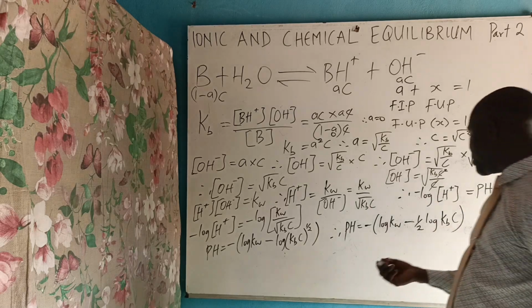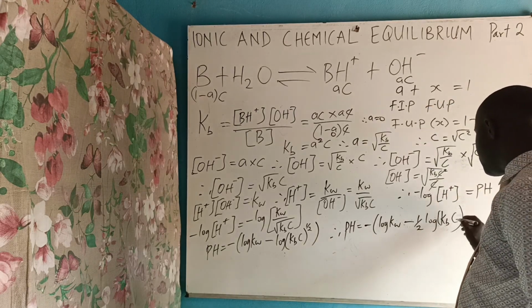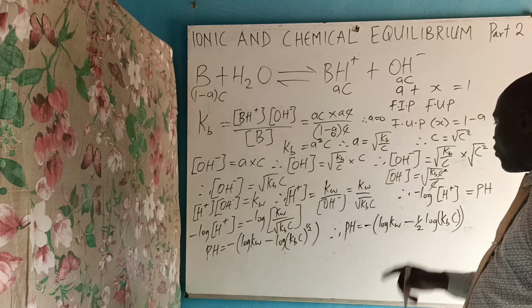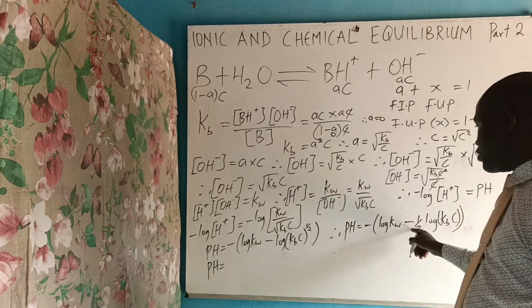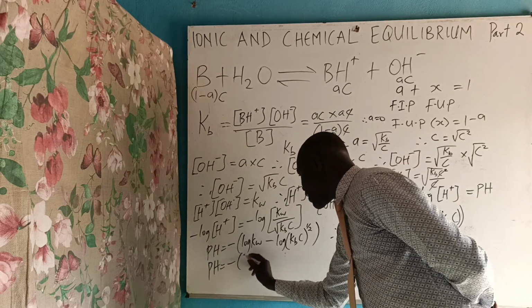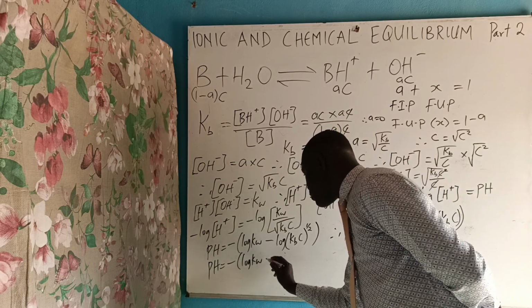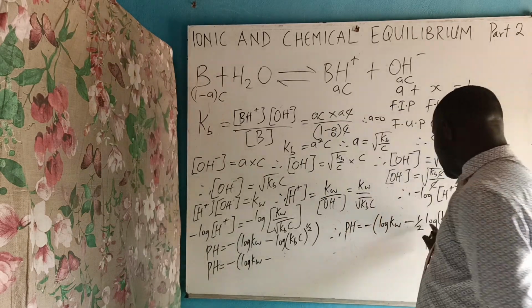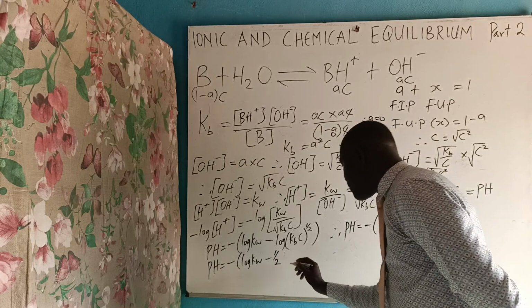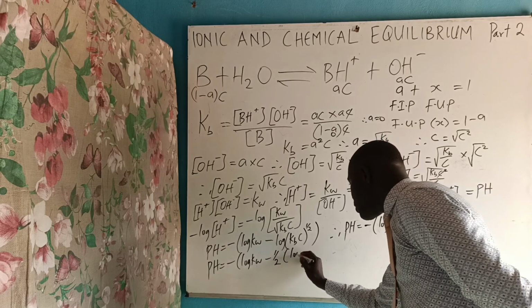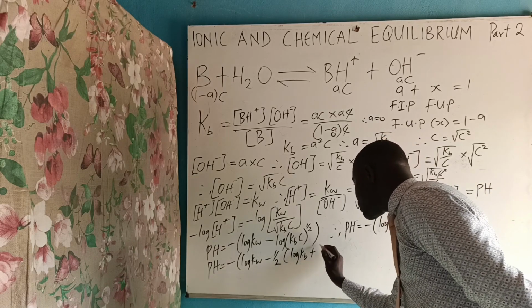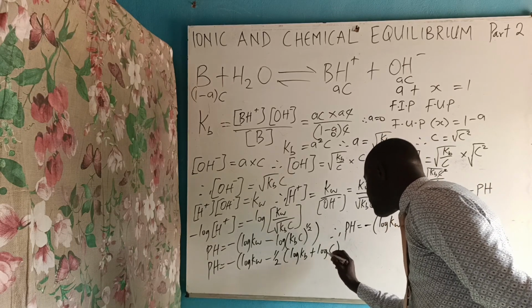We are just making it the subject of formula. Now watch what I will do. I will say pH is equal to minus bracket log Kw minus, for this one, I will keep this half bracket, taking care of the logarithm. I will say log Kb plus log C.